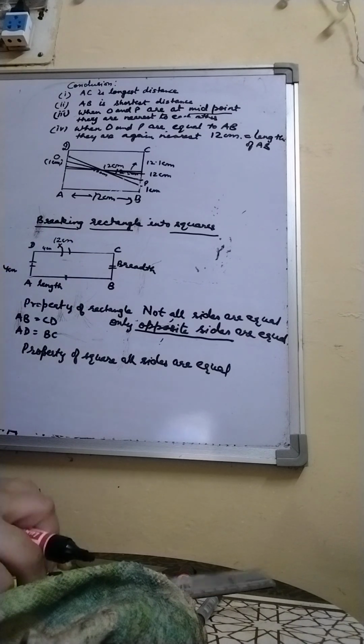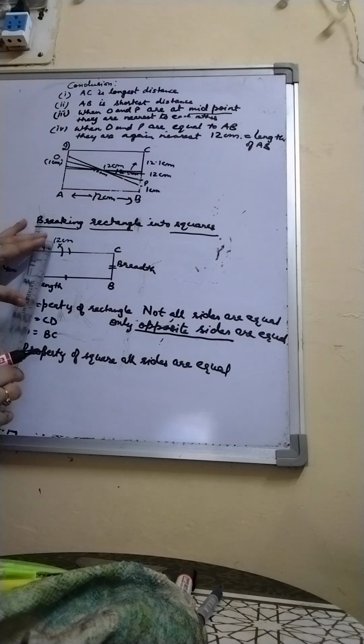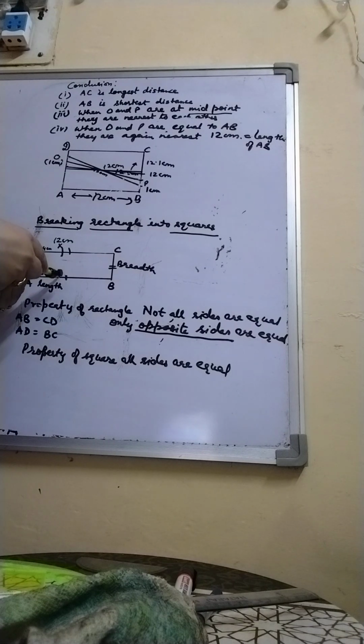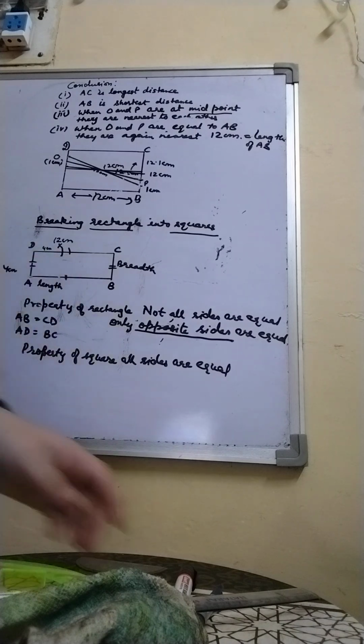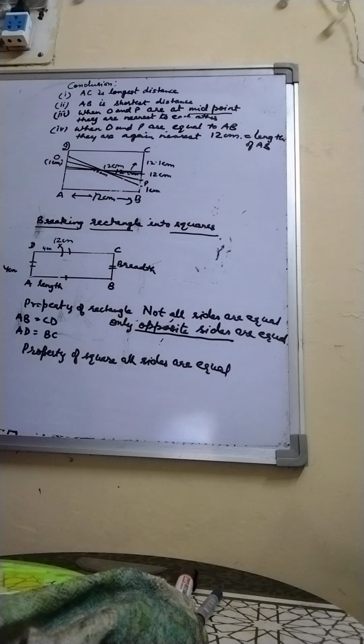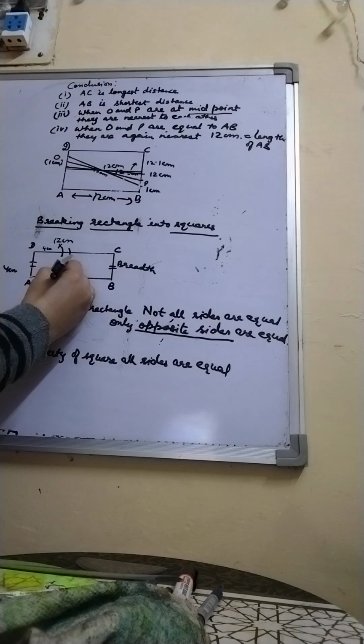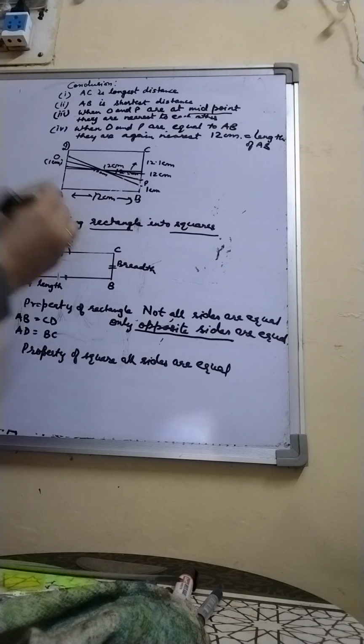So this is 4 centimeter at a distance of 4 centimeter. If I join, or similarly you can draw arc here also from A and you get an arc here equal to 4 centimeter. So this is 4 centimeter and this is 4 centimeter.